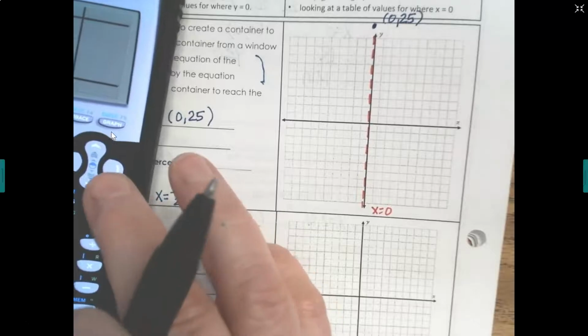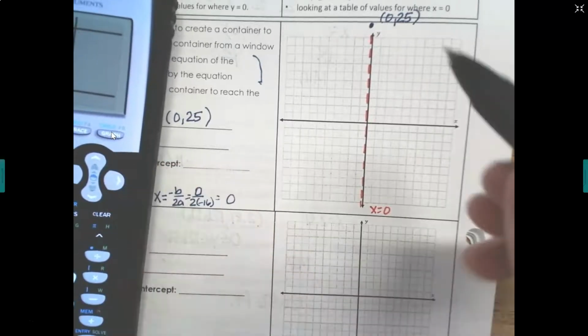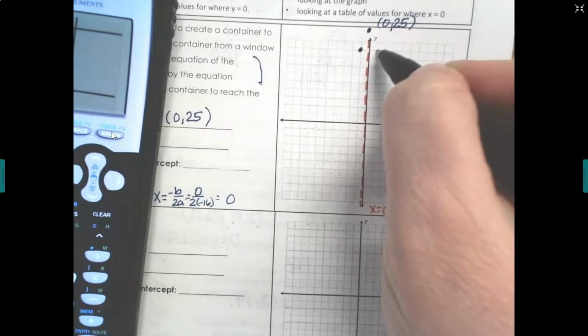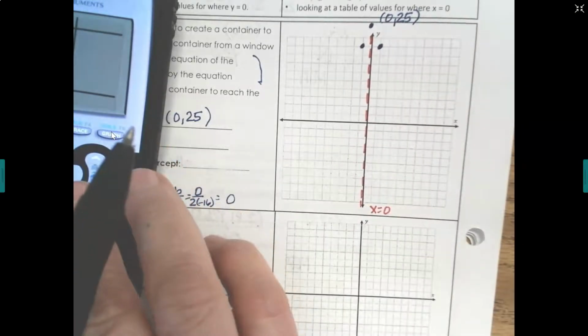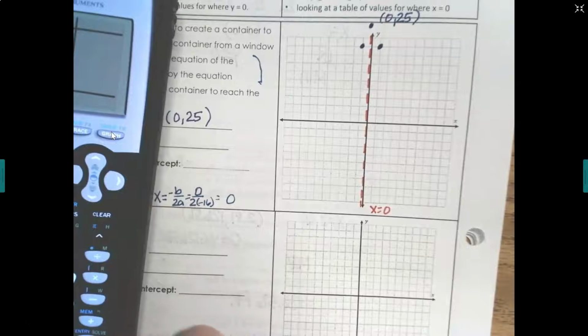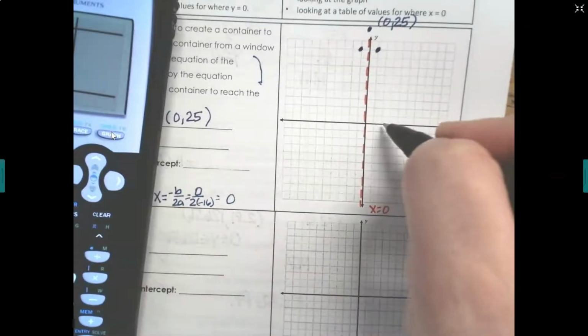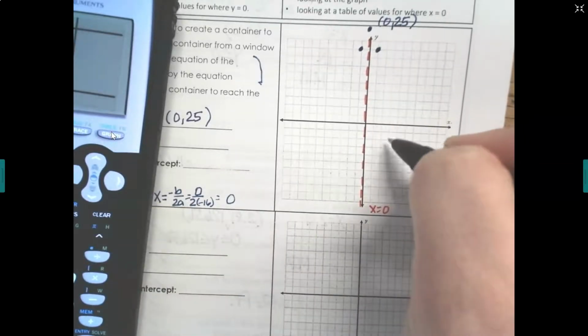So let's look. At -1, 9, and I'm going to use symmetry to get the point over here. We could look at +1 also: +1, 9. At 2 it's -39, but we're not going to go to -39.